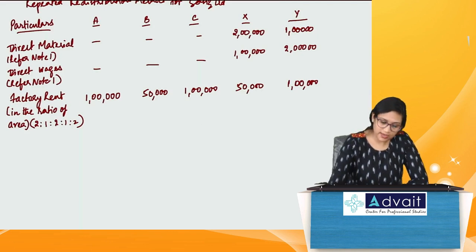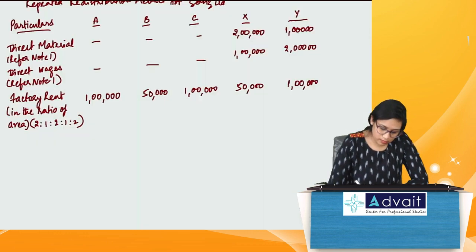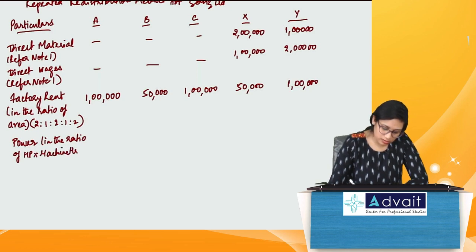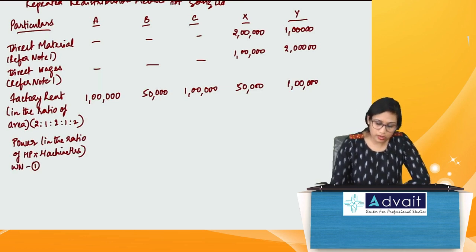Guys, next, which is my next cost? Power. So in the ratio of HP into machine hours. Guys, for this, we will show working note number 1. So let's go to working note number 1.